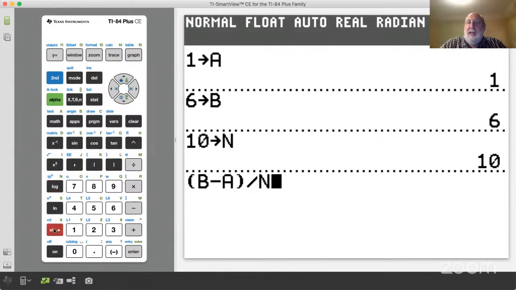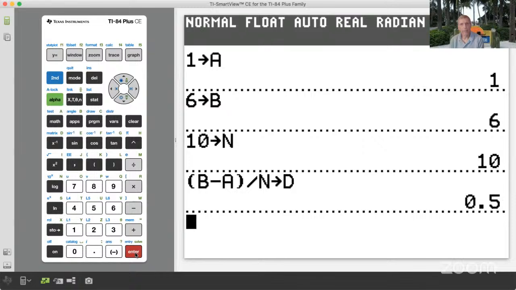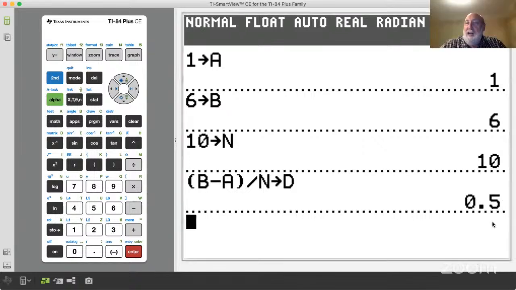And I'm going to go ahead and store that in D for delta, okay? All right. And quick reality check, that makes sense. My interval was length 5, divided into 10 equal pieces. They should each be 0.5.